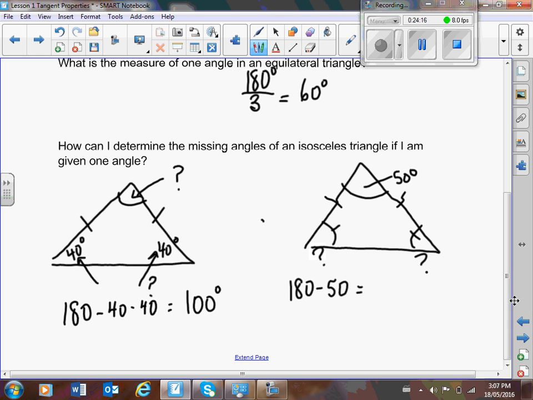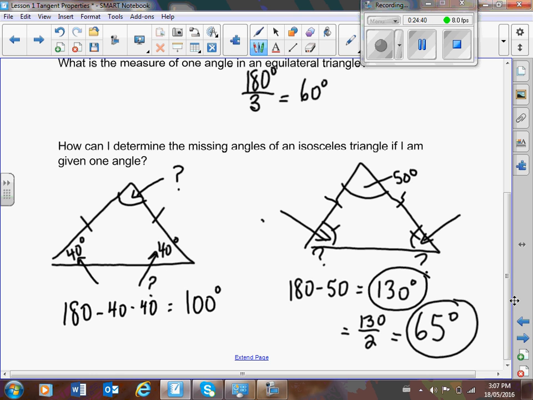So I'm going to subtract 180 minus 50, and end up with 130 degrees. Now again, remember what I just said: this angle and this angle have to be the same. So they share 130 degrees between the 2 of them. So I need to take 130 and divide it by 2, and I would determine that both of those angles are 65 degrees.